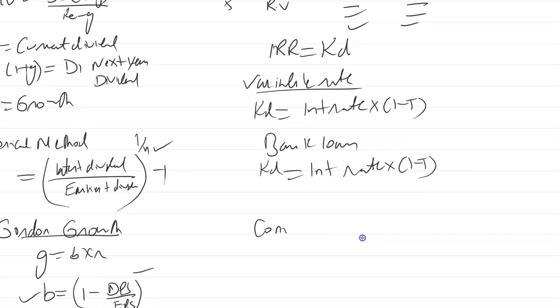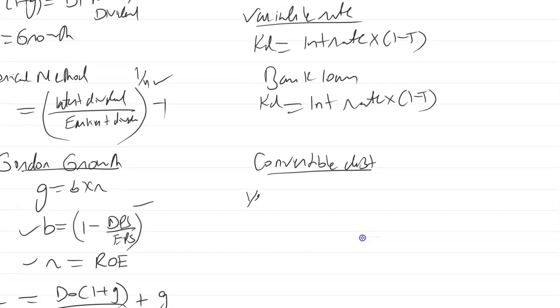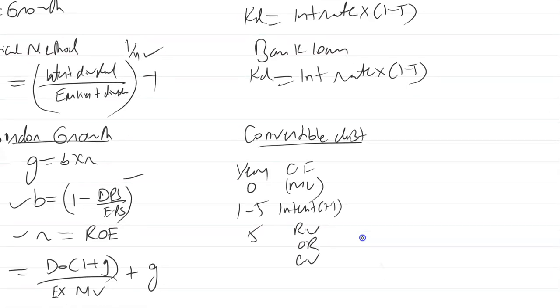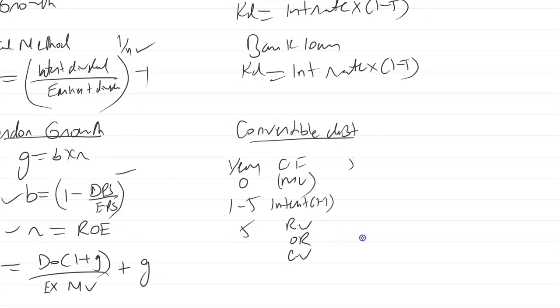For convertible debt, the procedure is the same. Let's say it's 5 years, put the market value as a negative number, then interest into 1 minus T. In the last year, it will be the redemption value or the conversion value. You will take the higher value here. Discount with two random rates, for example 5% and 10%.